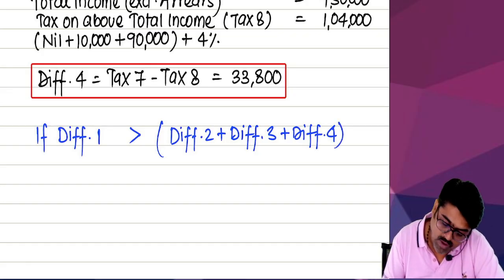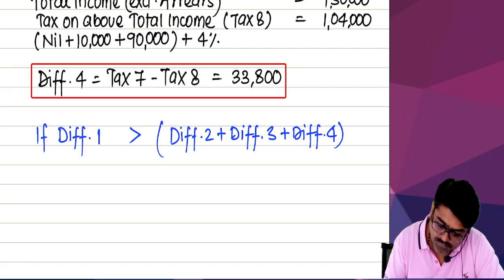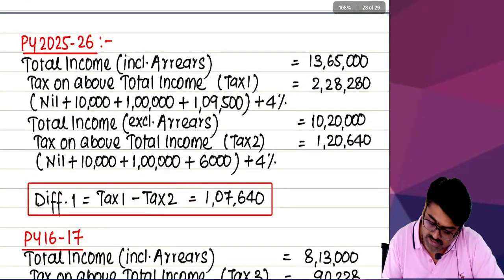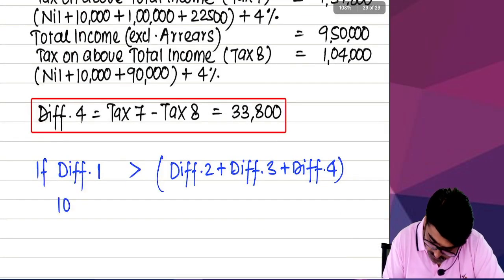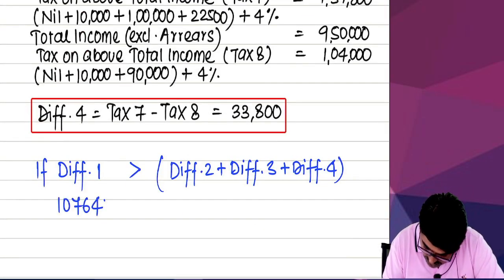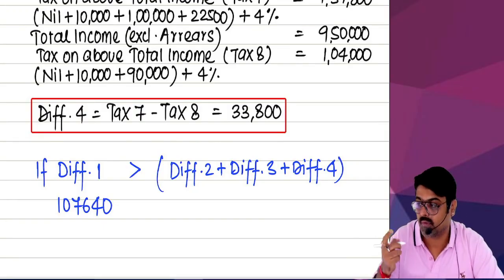How much was difference 1? Difference 1 was 1,07,640. This amount should be higher than the aggregate of all the other differences.